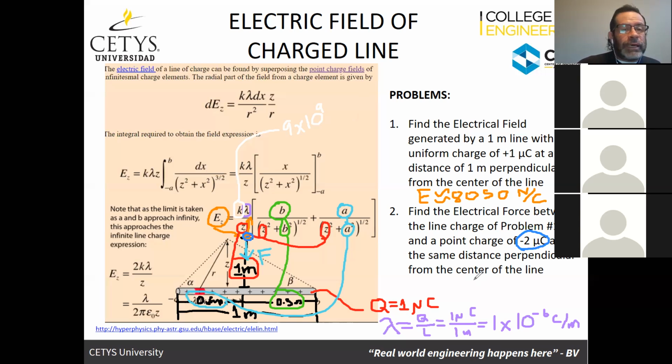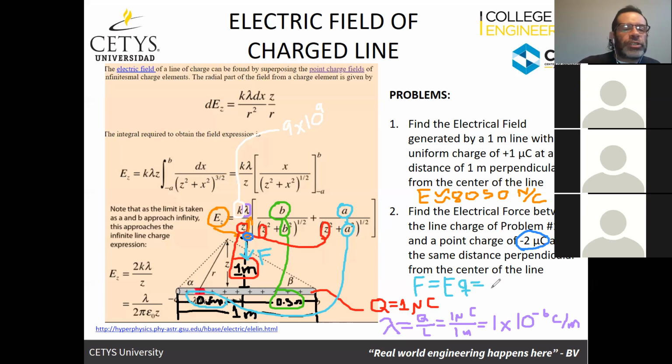How could we calculate that force? Well, the force upon the charge is equal to the electrical field multiplied by the charge, which in this case is the 8,050 multiplied by the 2 microcoulombs.